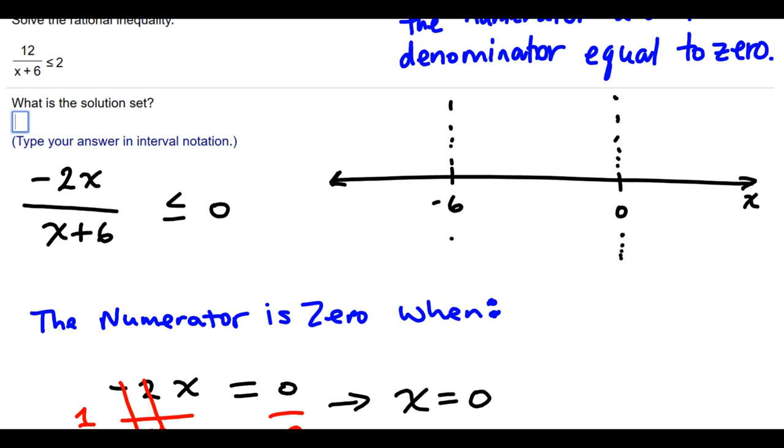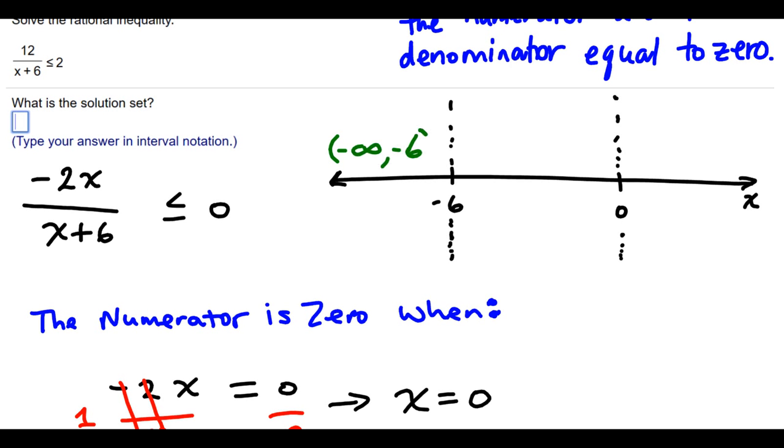And then I'm going to pick test values in each region to determine which would be part of my solution set. So I've just divided up my number line from negative infinity to negative 6.